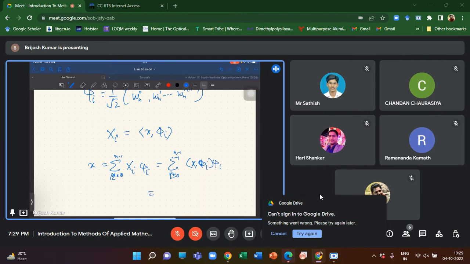So this will be our 1 by root n DFT_N star, and 1 by n root n DFT into x.